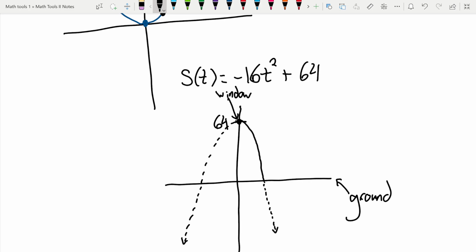One thing we might want to find is what we call its average rate of change.